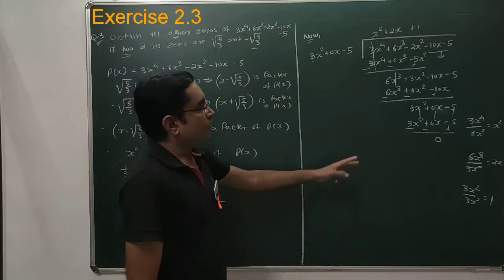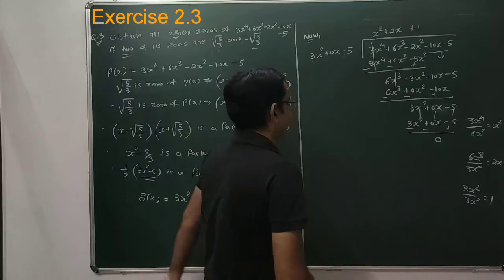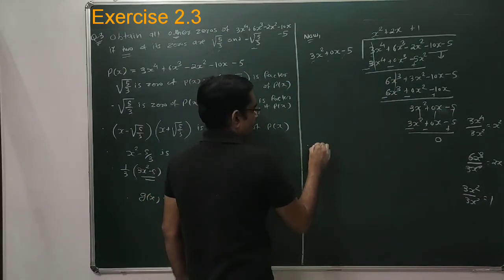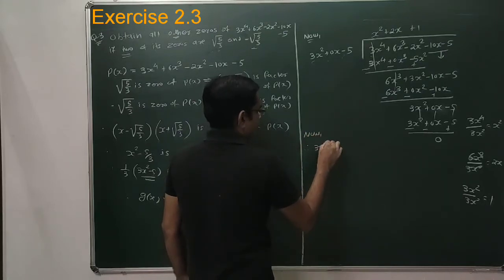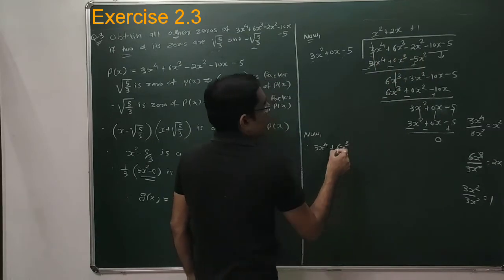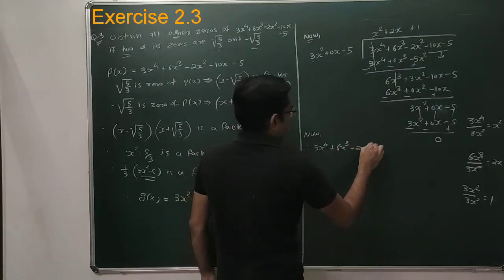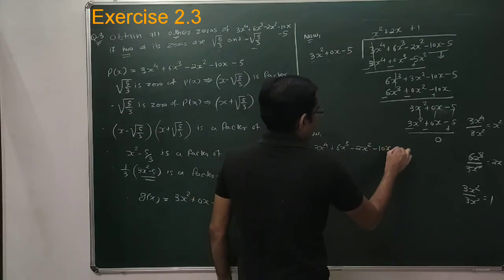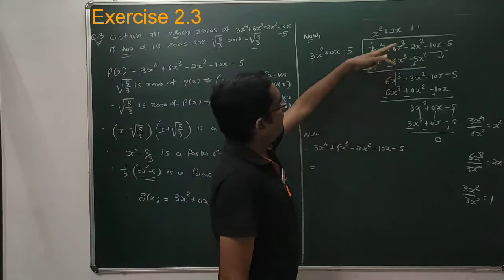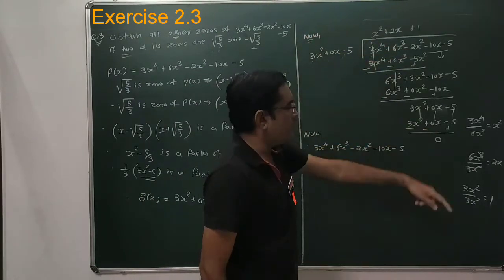So now according to Euclid's division algorithm, what we can write is the dividend polynomial, 3x raised to 4 plus 6x cube minus 2x square minus 10x minus 5, is nothing but the multiplication of divisor and quotient plus remainder.